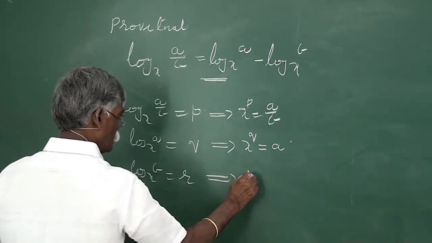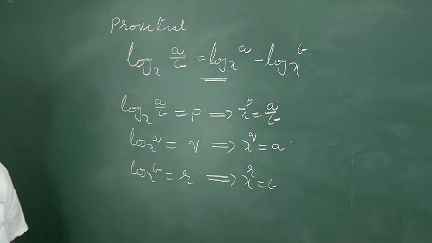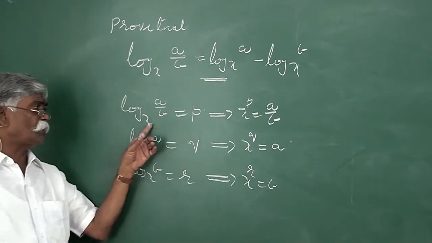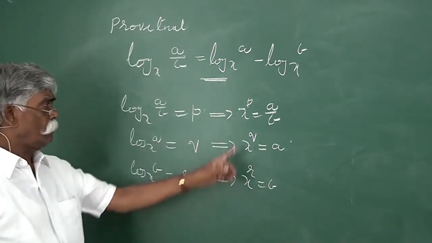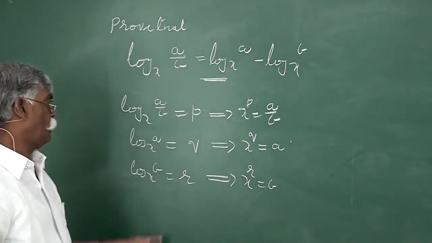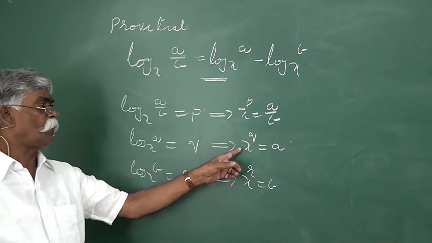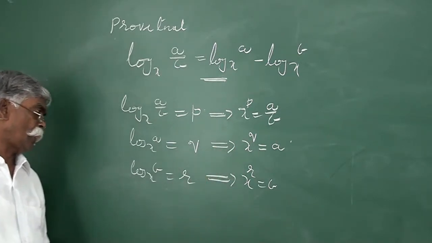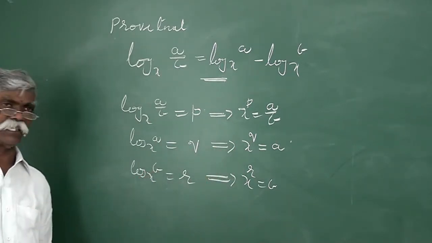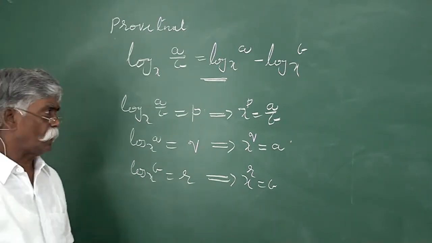This implies x power R is equal to B. Therefore, logarithm of A by B to the base x is taken as P, hence x power P is equal to A by B. Log A base x is equal to Q, therefore x power Q is equal to A. Log B base x is equal to R, hence x power R is equal to B.